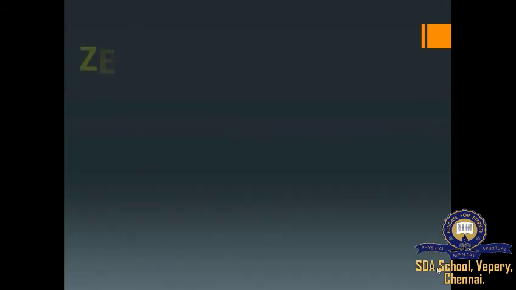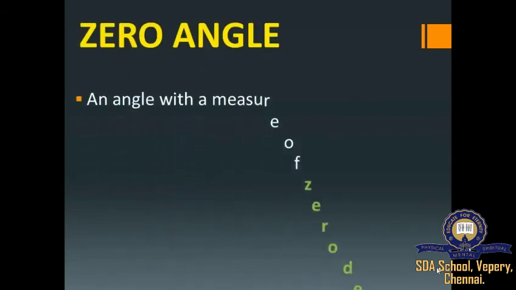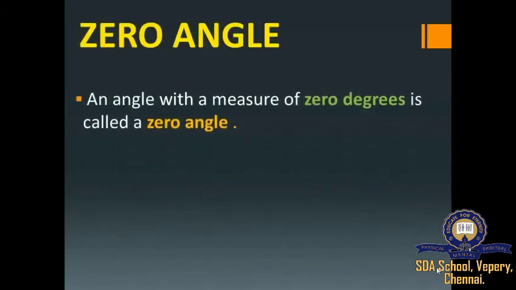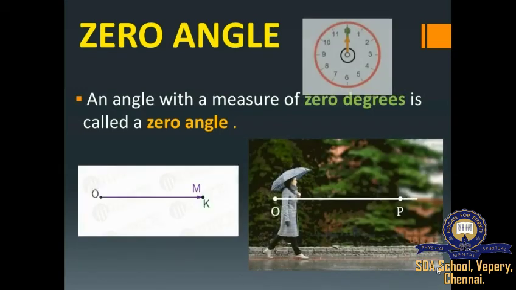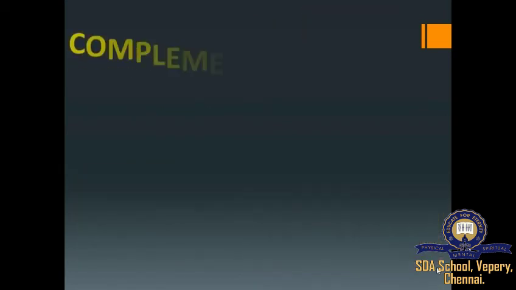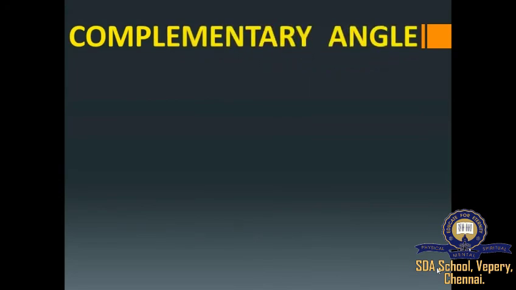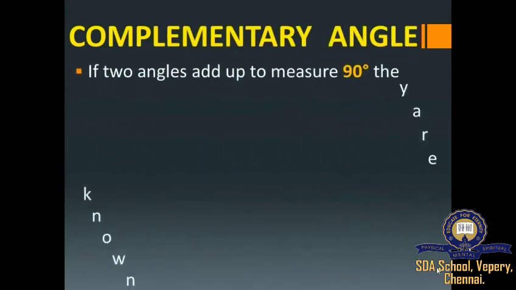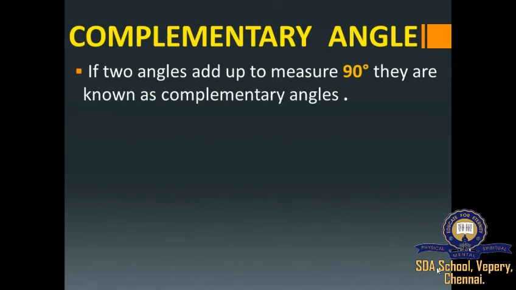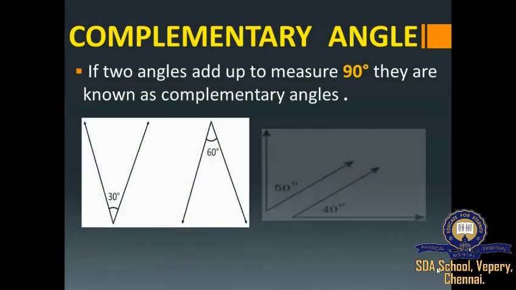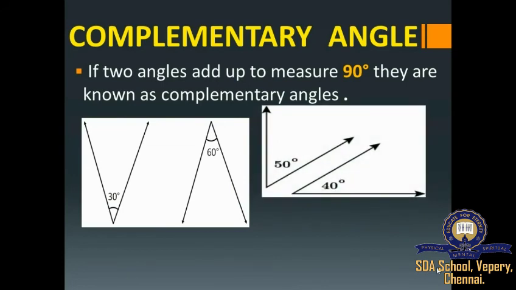Okay, and next we moved on to the zero angle. So an angle which measures exactly 0 degrees is called a zero angle. Okay, and next we moved on to the complementary angle. So what are complementary angles? When two angles add up to measure 90 degrees, they are known as complementary angles. Okay, that is, two angles are said to be complementary if they sum up to 90 degrees.